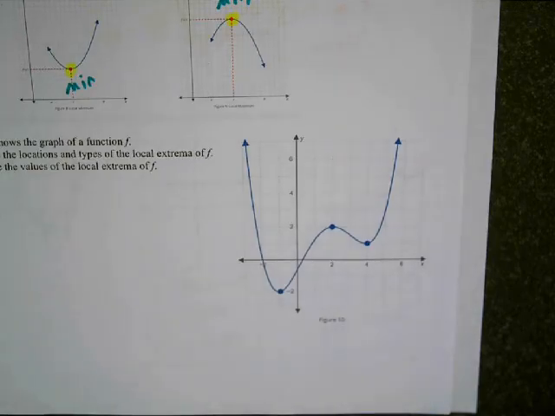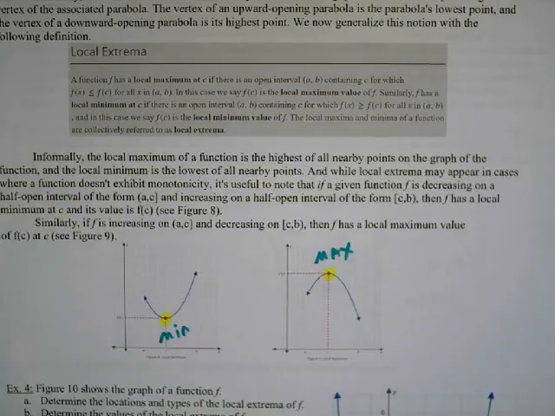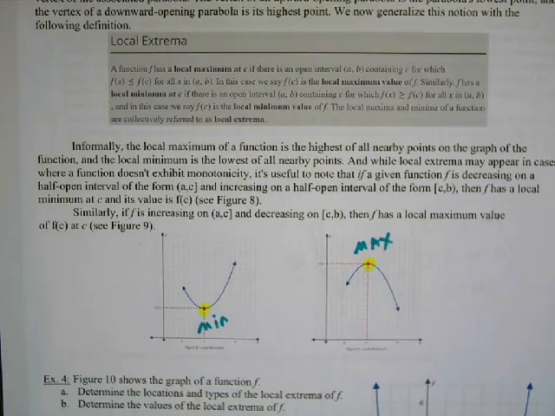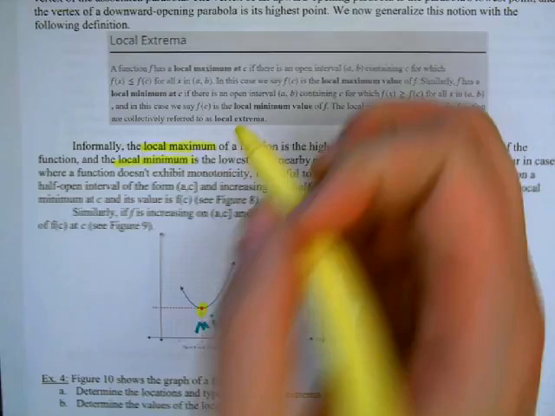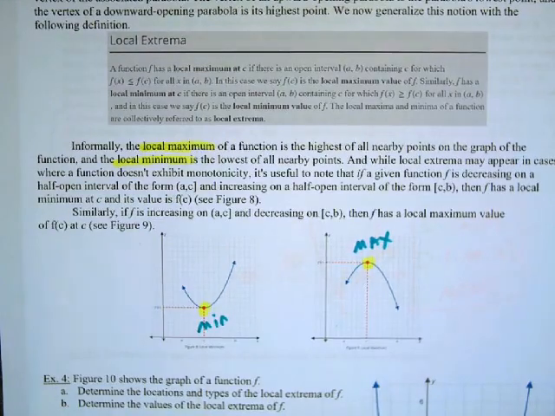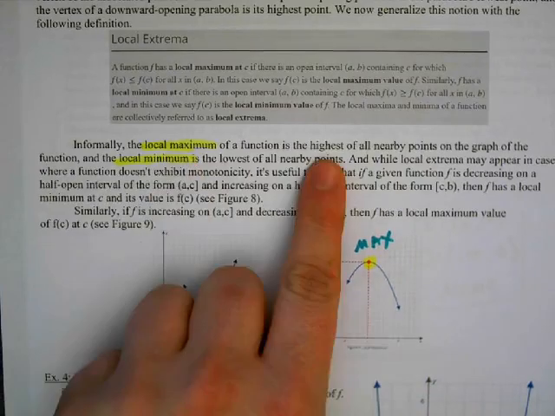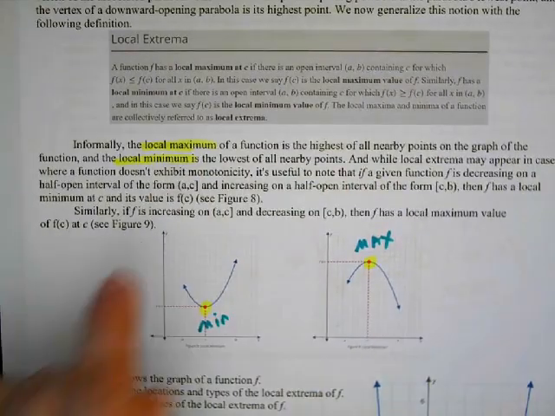And so we're going to bounce back up here for just a moment, and we're going to say we have these two new definitions called a local maximum and a local minimum. And informally, a local maximum of a function is the highest of all nearby points, which means the local minimum is the lowest of all nearby points.